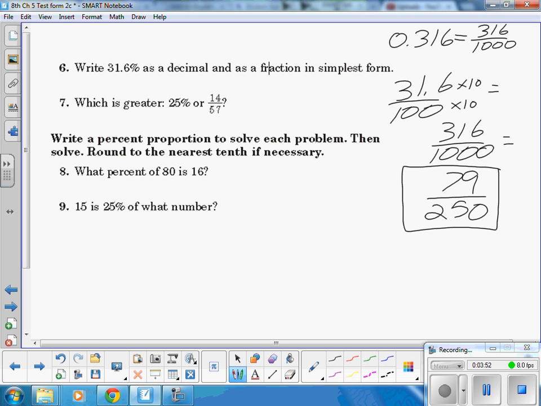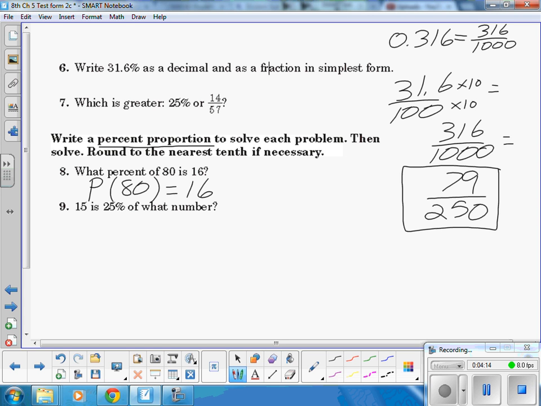Number 8, what percent of 80 is 16? That is one way to do the problem. It does say to write a percent proportion to solve each problem, but it doesn't matter to me which way you solve it as long as you get it right.